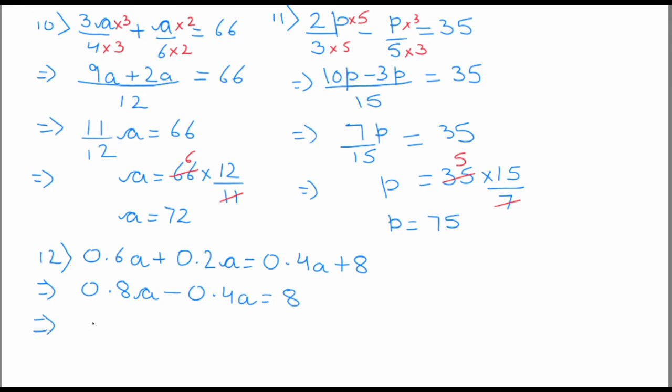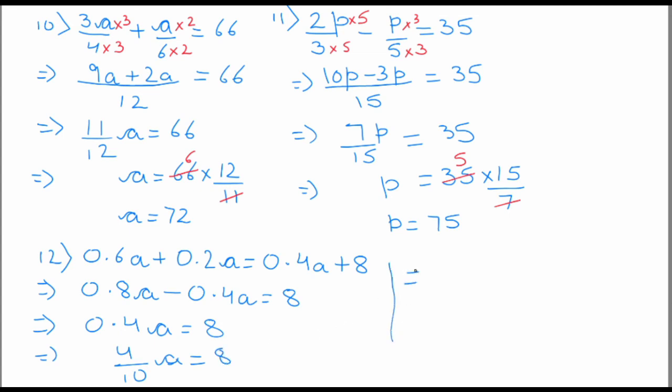It will be 0.4a equals 8. We can take this 0.4 as 4 by 10a equals 8. Further, I am putting it over here.